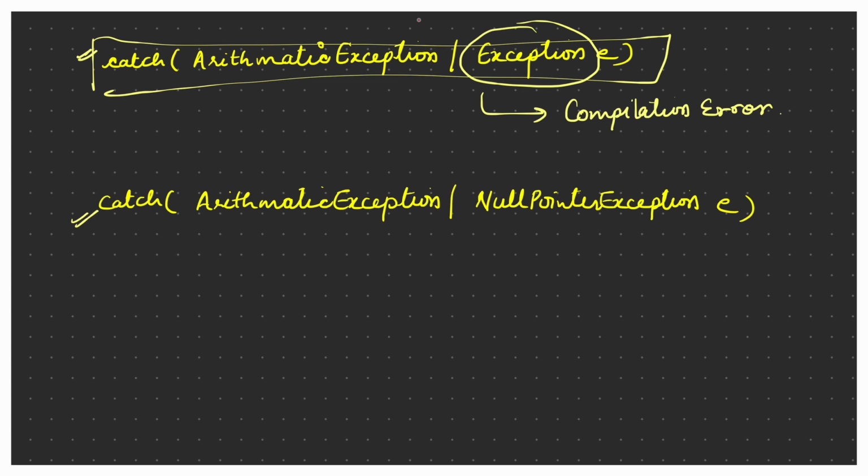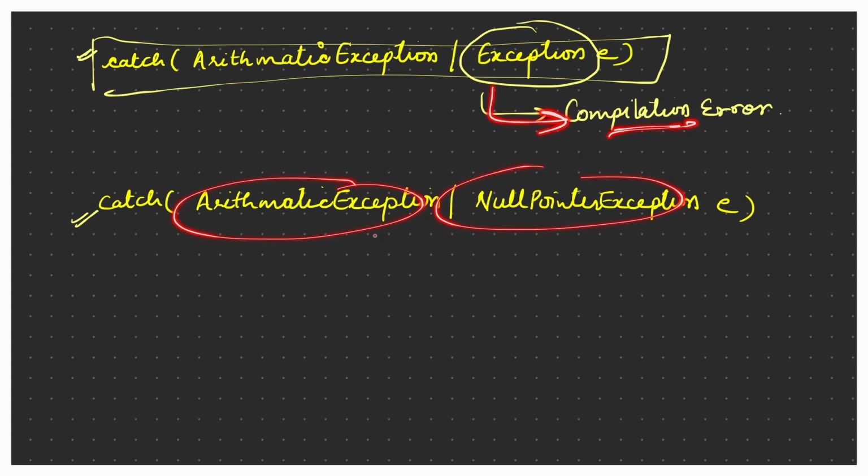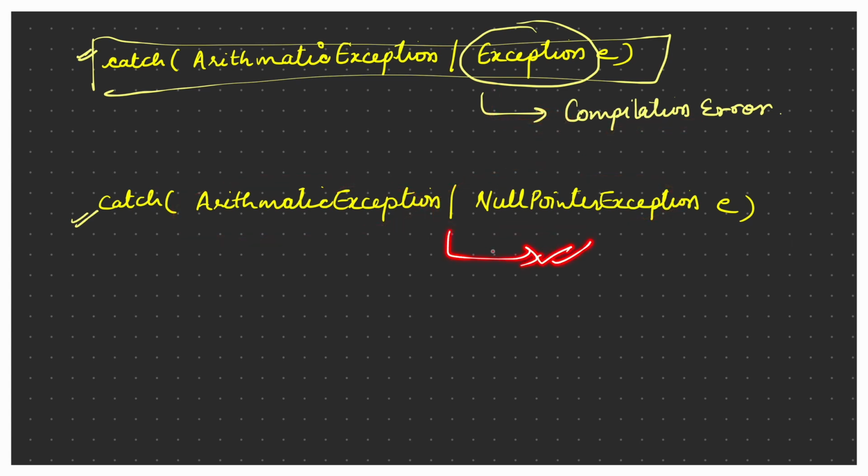These are not related. There should not be any parent-child relationship amongst the exceptions. Arithmetic exception is a subclass of Exception, so this is not acceptable. If this is the case, we'll receive a compilation error, and if there is no relationship between the classes, it will work absolutely fine. And we'll use this pipe operator. I hope it makes sense.